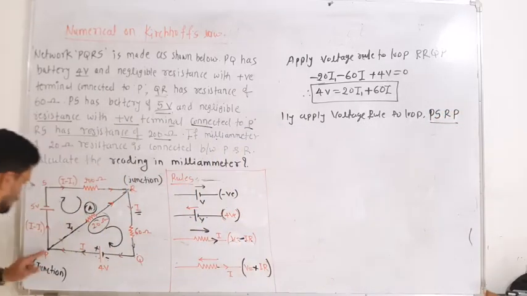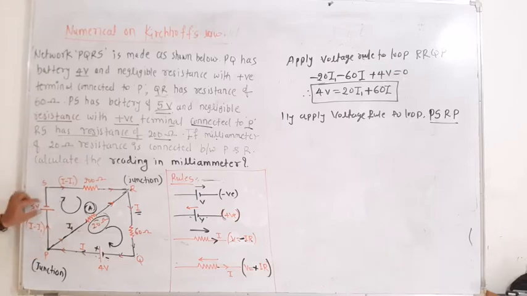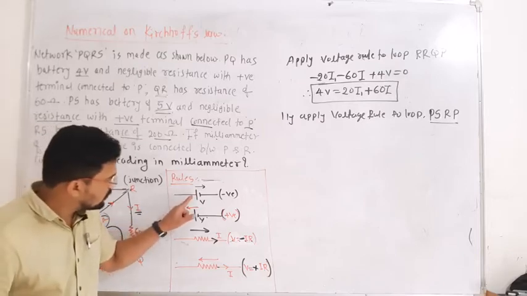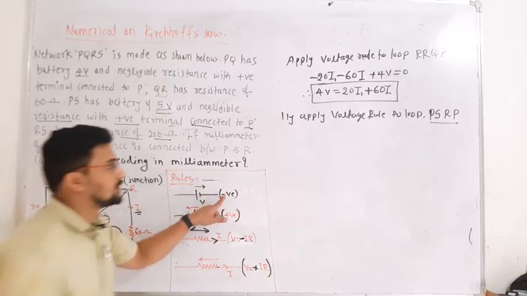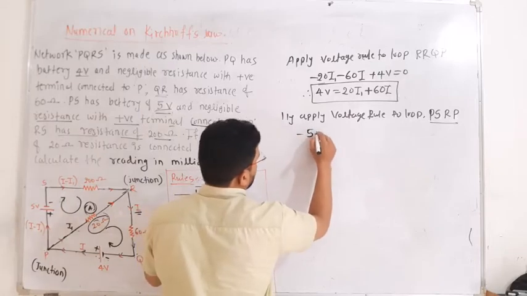Now start with P. The current through this segment is I minus I1. Across this cell you are moving from positive to negative, so the value should be negative. So it becomes minus 5 volt, which is already given.